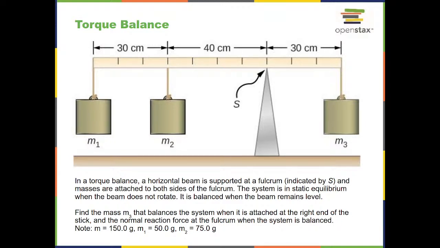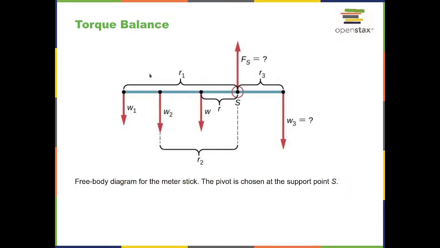Okay, good. So let's take this drawing of the torque balance and now turn that into an actual schematic. So we've drawn the force balance itself. The meter stick has this line here with its weight in the middle downwards. We have the normal force at the fulcrum pointing upwards, and then we have our unknown weight 3 and our two known weights, weight 1 and weight 2.